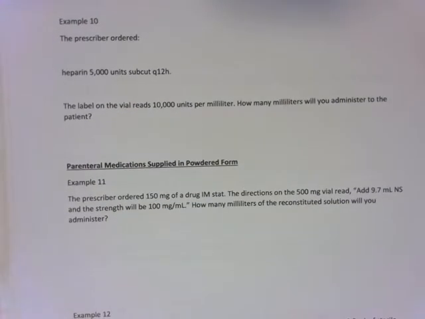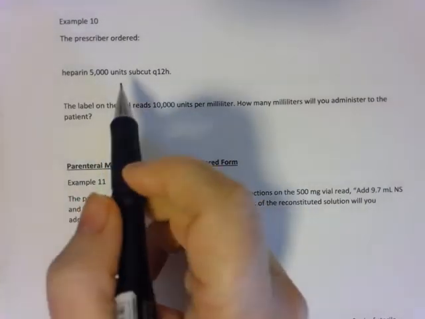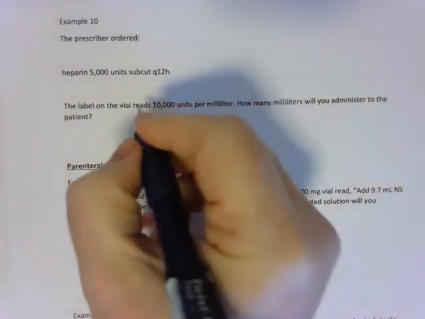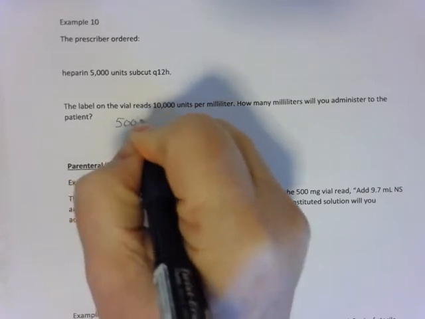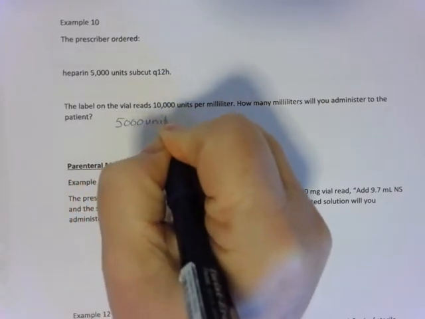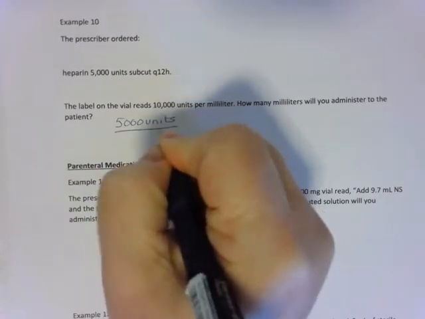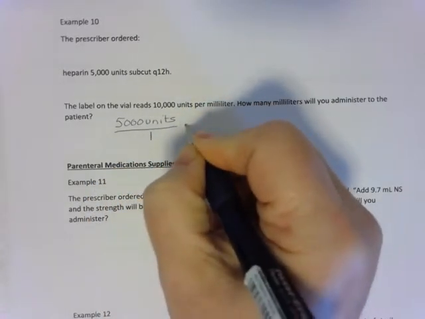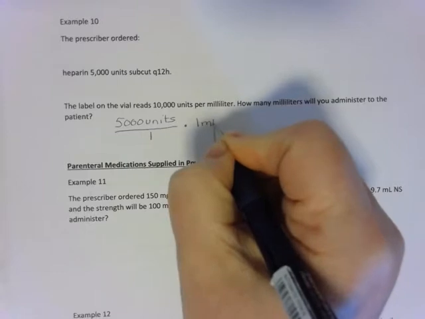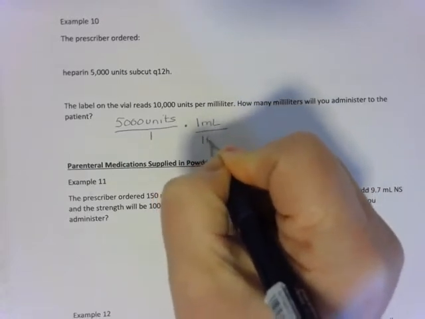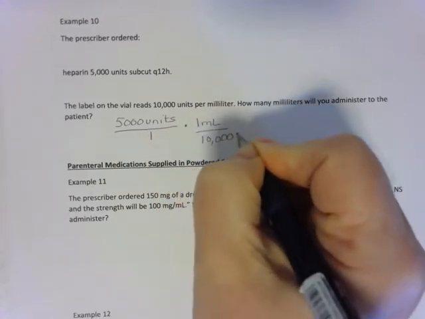Example 10, we're looking at heparin. Our heparin order is for 5,000 units over 1. We have a strength of 1 ml contains 10,000 units.